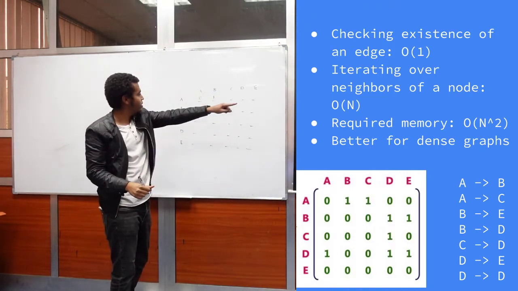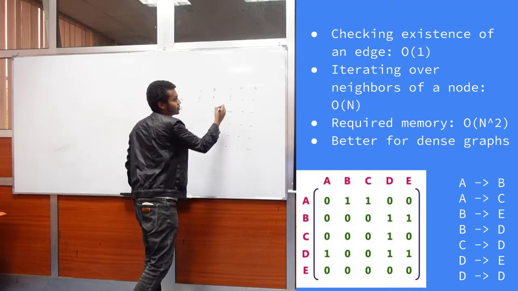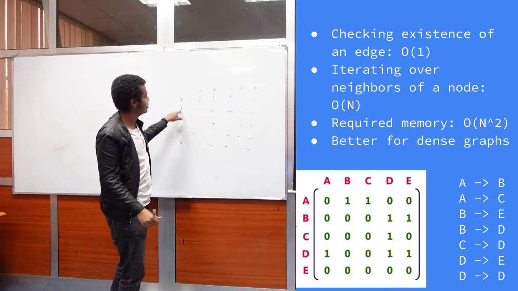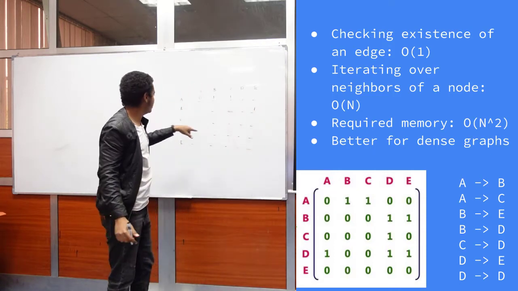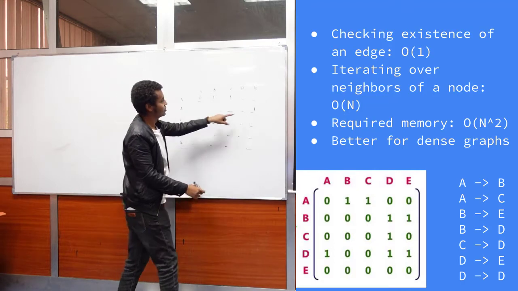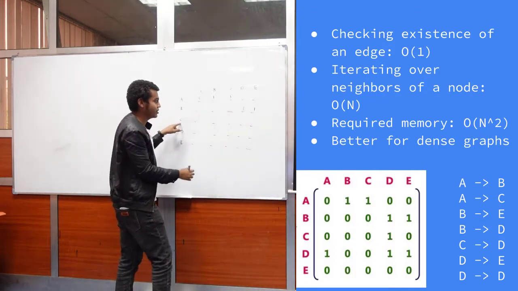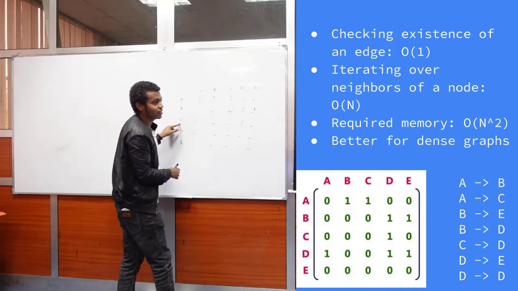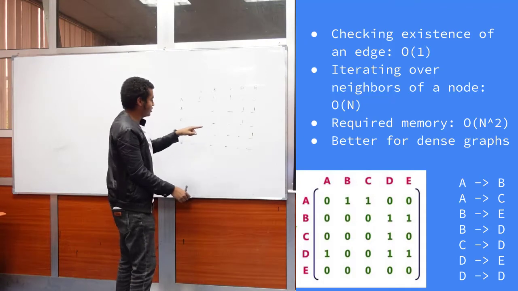And then AC, this one. And then BE. And then BD. And then CD. And then DE. And then DD.